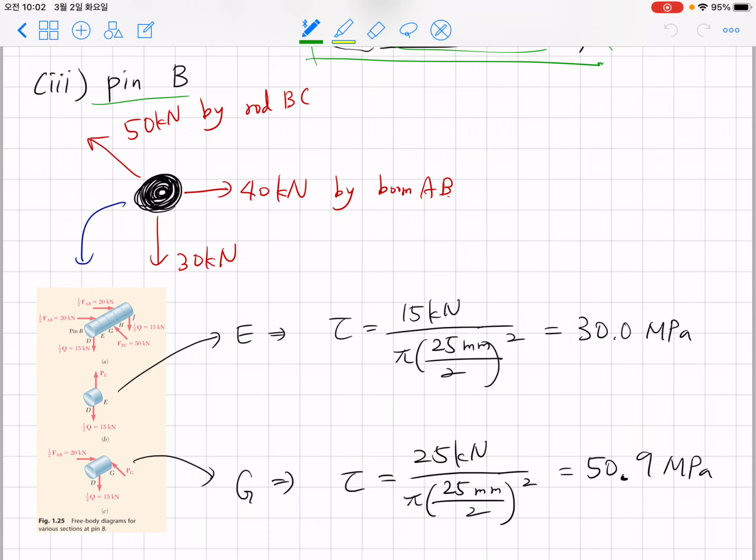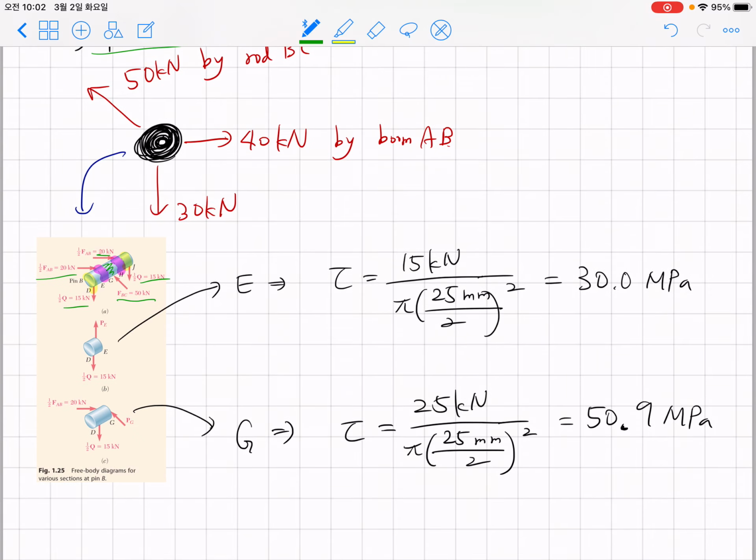At the center of this pin B, it should sustain 50 kilonewton from this rod BC, and these two purple parts are the points where they sustain 40 kilonewton from boom AB. Now these two yellow parts are sustaining the 30 kilonewton downward external force, half and half. So these are the free body diagrams for pin B.